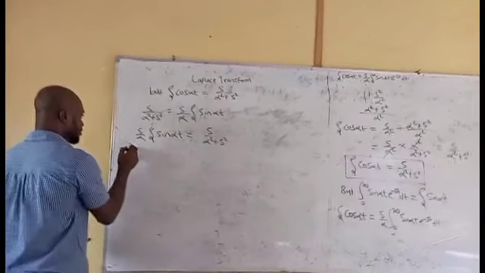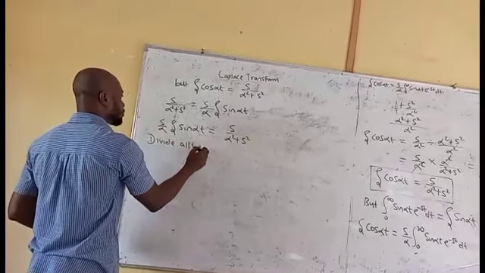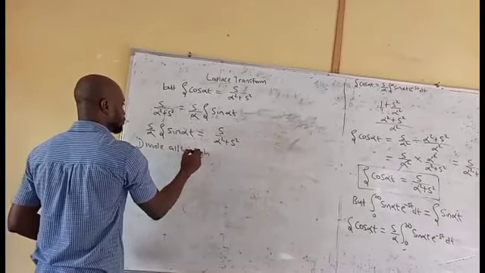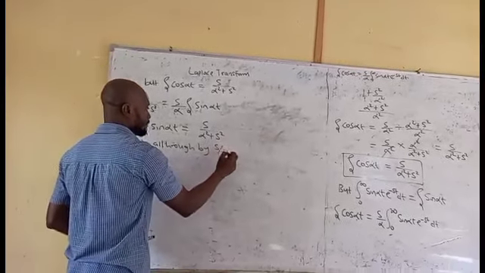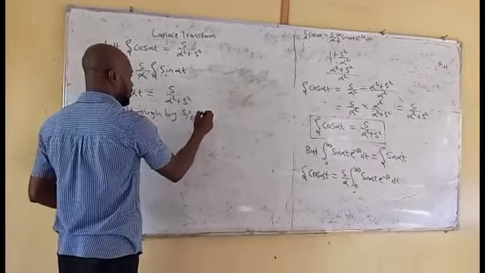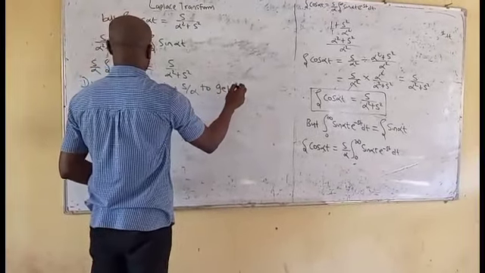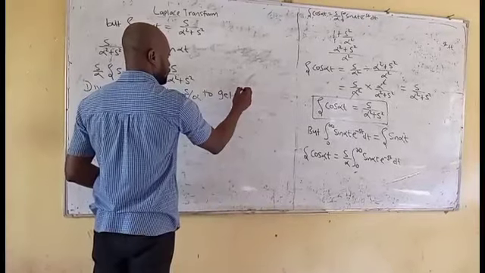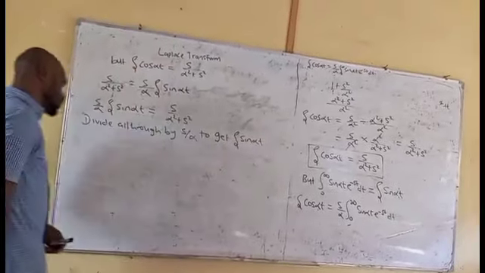So divide all through by s over alpha to get the Laplace transform of sine alpha t.